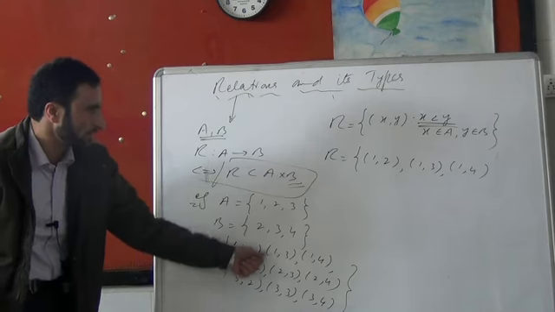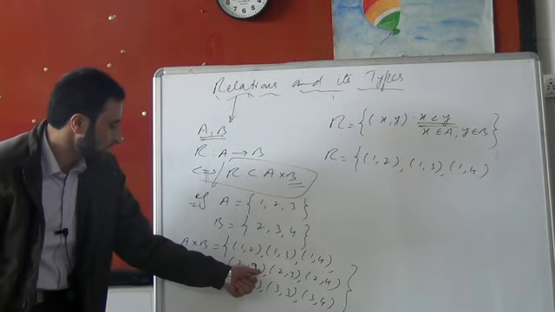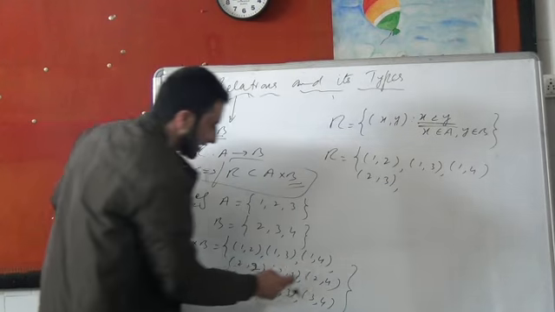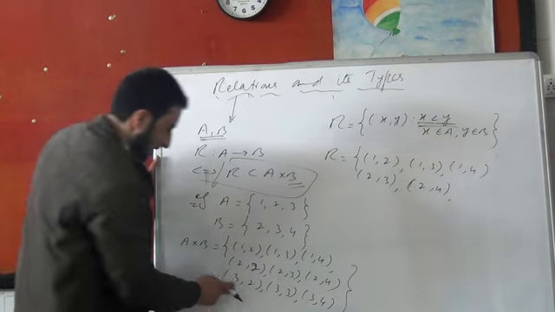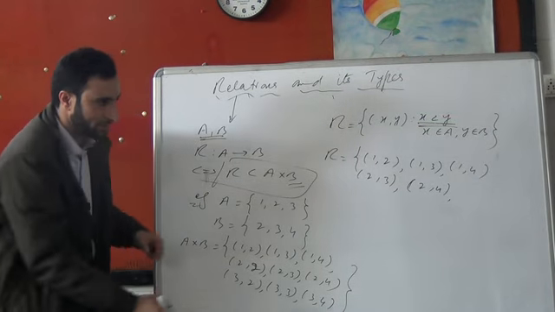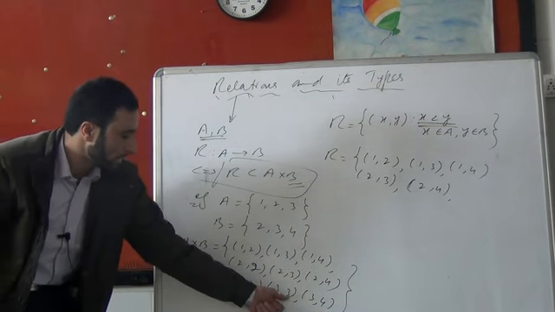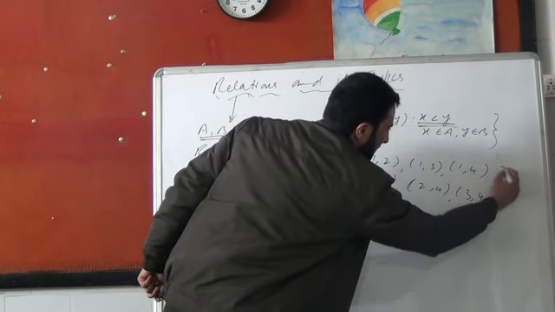Similarly (2,2) is not there because we have strict inequality here, x less than y. Then we will have (2,3) and (2,4). (3,2) will not be there because the first entry is greater than the second entry. Then we will have (3,4) here. So I will write (3,4).